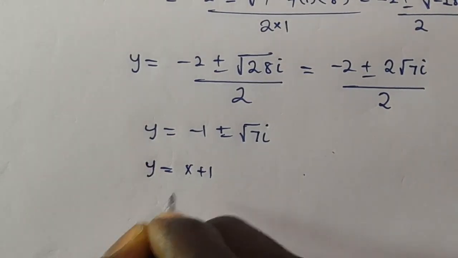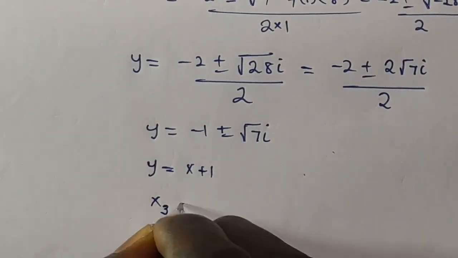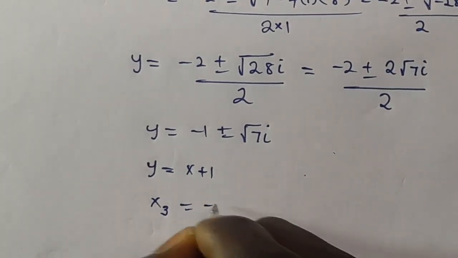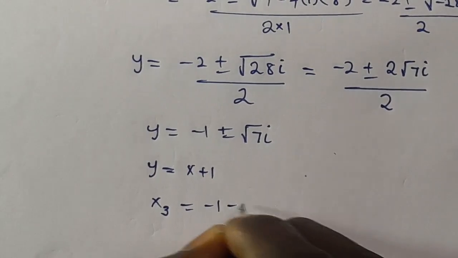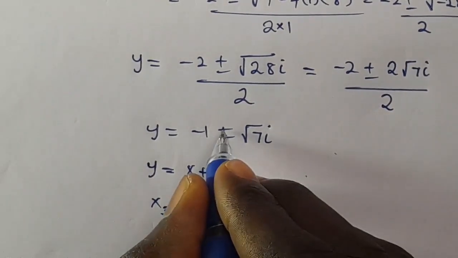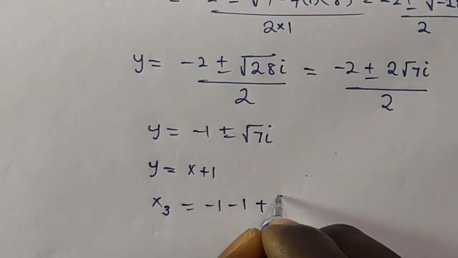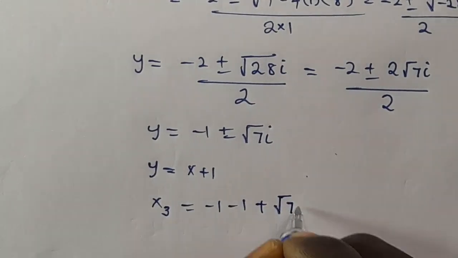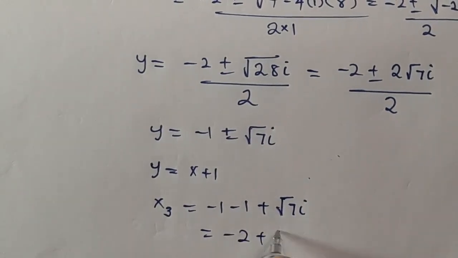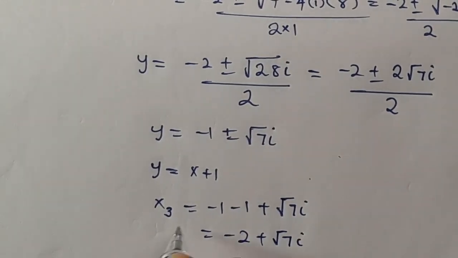Now, when we have this to be x3, will be equals minus 1 minus 1. Then when we take plus, will be plus square root of 7i. Then this will be minus 2 plus square root of 7i.